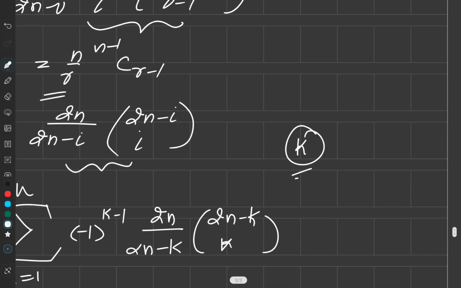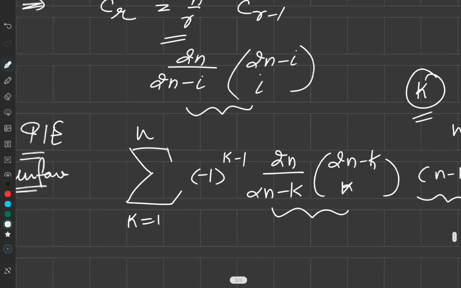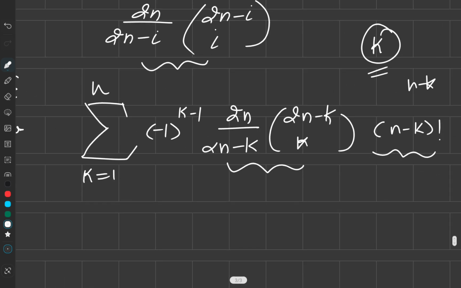So k women are to be seated in the forbidden spots, so we have made it up for them. Now for the remaining n minus k, they are to be seated without restrictions, right? So these are the unfavorable cases.